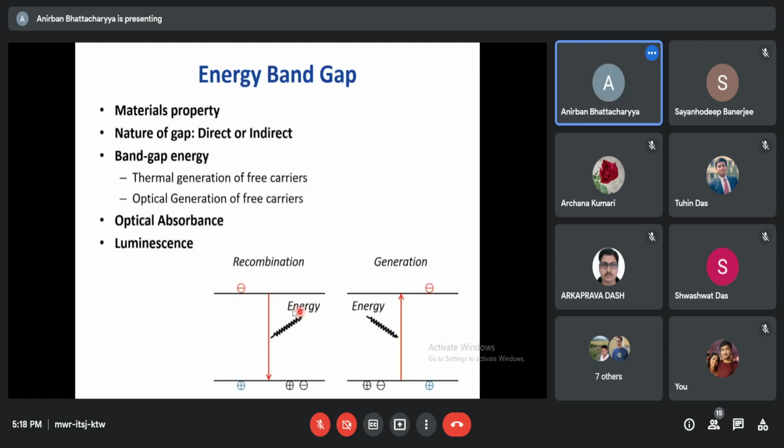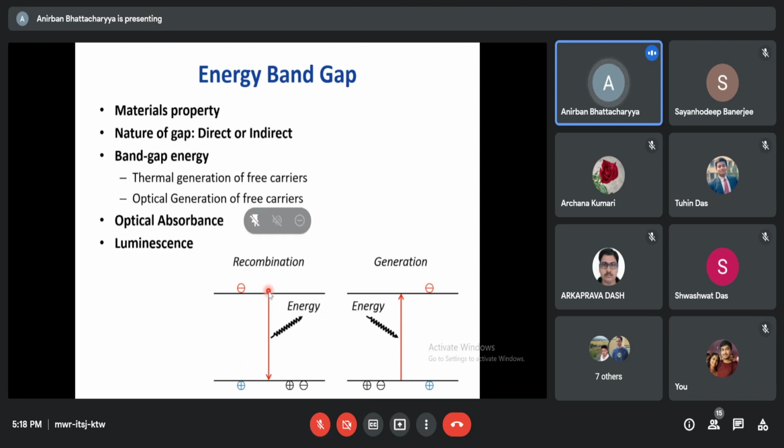See that if there is a recombination, electrons and holes recombine, then light is emitted. What is the energy of the light? It is given by the band gap of the semiconductor, right? The energy lost is given by the band gap.